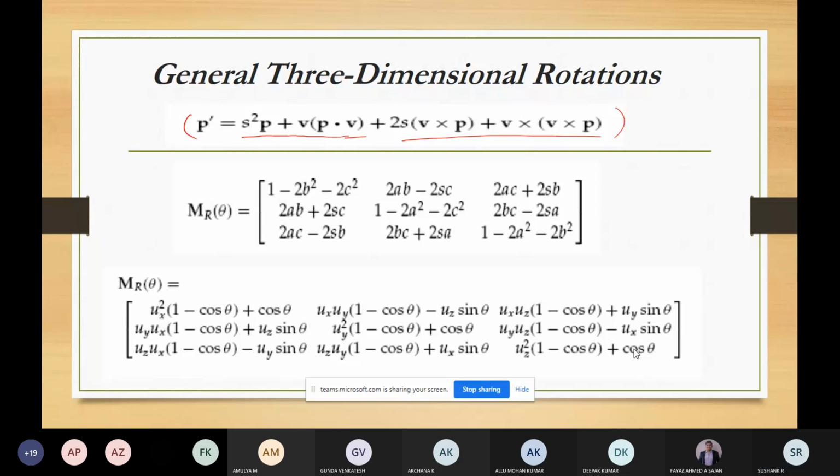The values for S and V can be obtained by S is equal to cos theta by 2, V is equal to U into sin theta by 2. We know that S is equal to cos theta by 2, V is equal to U into sin theta by 2. So the values for S and V can be obtained from these two equations.